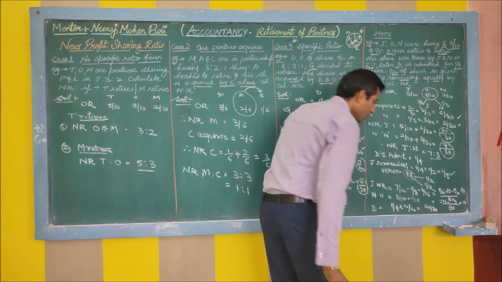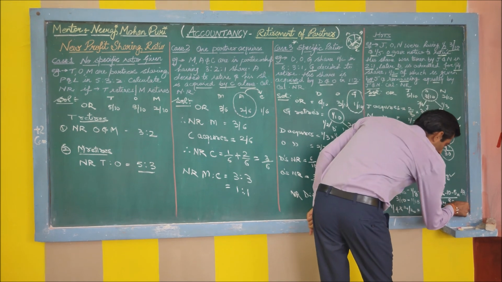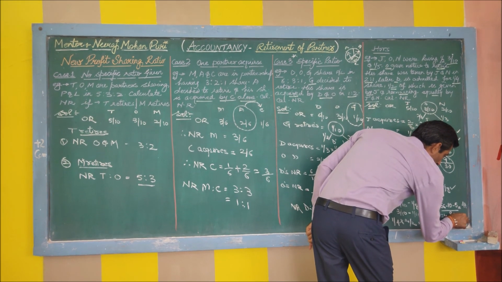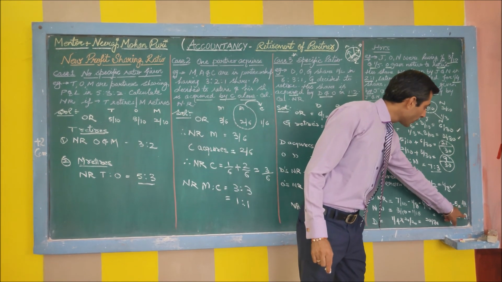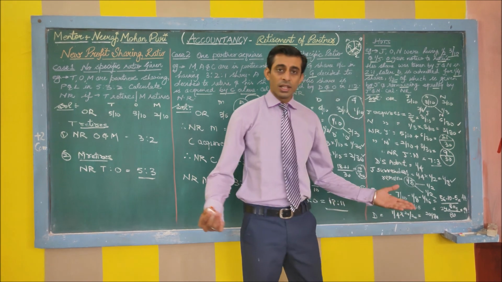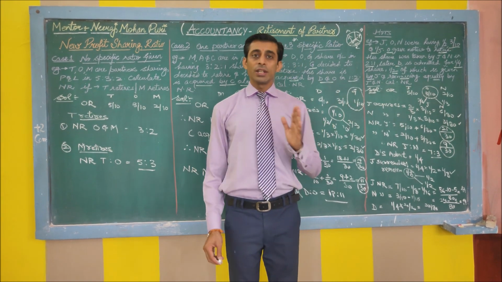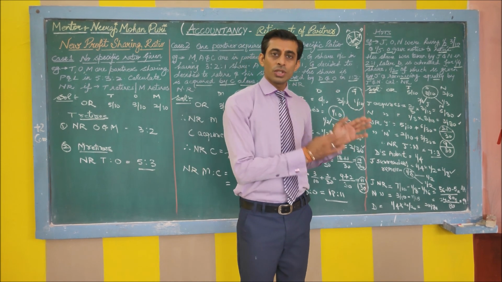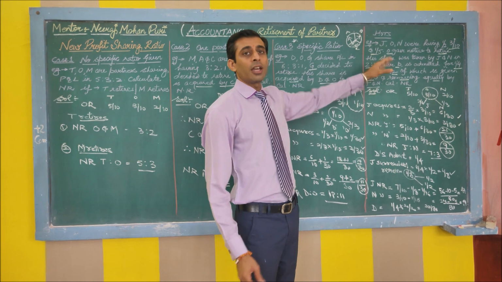Now cross check it. 41 plus 19 is 60, 60 plus 20 is 80. Therefore, finally the new ratio is 41 ratio 19 ratio 20. So this is how you have to solve the sum wherein admission and retirement is given.